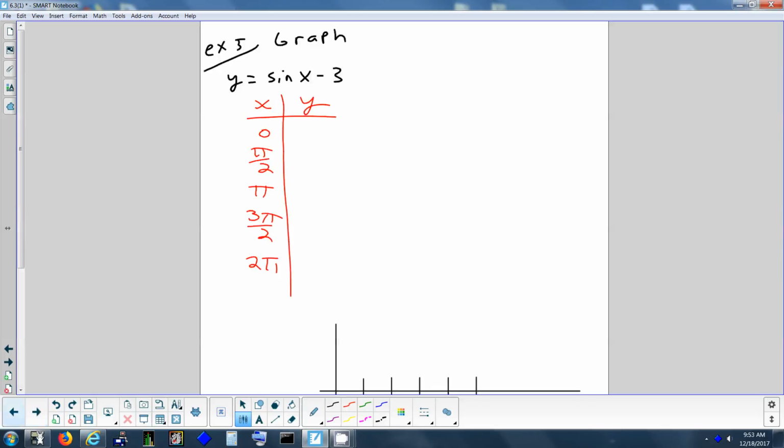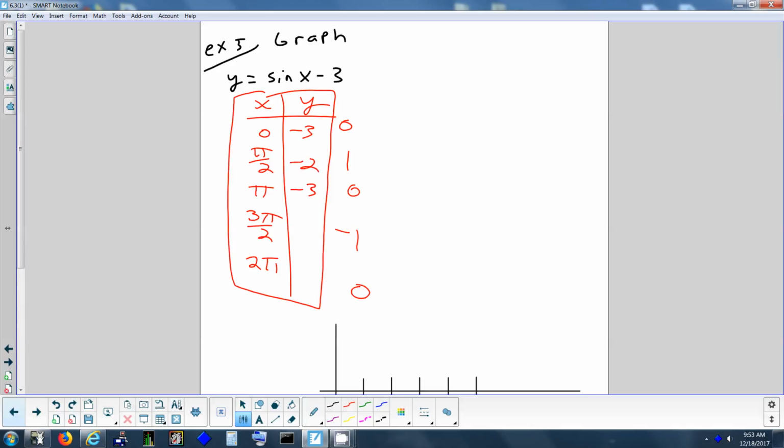And now we're going to take all the original sine values. We did a couple graphs with sine, so hopefully you're starting to remember those. And Abby, what am I going to do to all those y values? Subtract 3. Yep. Can you tell me what you get when you do that? Negative 3, negative 2, negative 3, negative 4, negative 3. Yep. Perfect. So there's our chart.